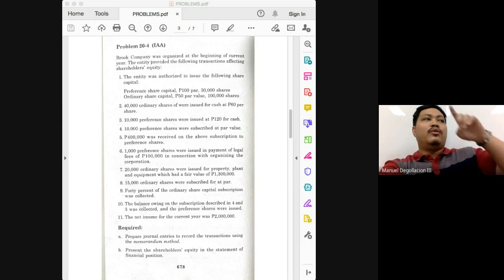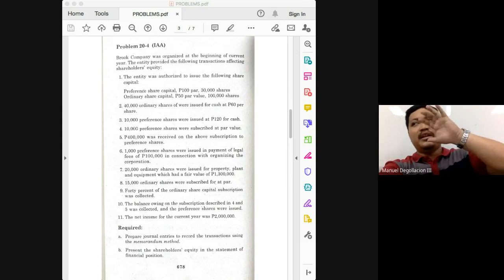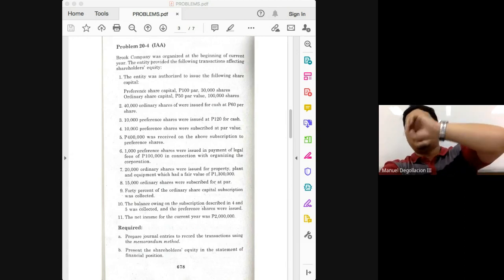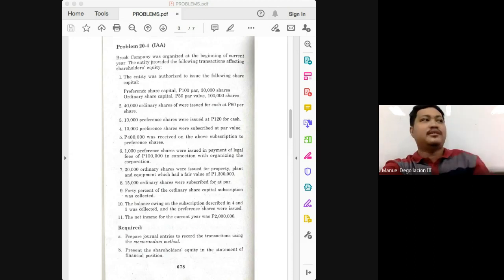Okay. Now, another important rule which many students tend to forget. The account title subscribe share capital, or your subscribe preference shares or subscribe ordinary shares. The rule is the same for your share capital accounts. And what was the rule for share capital accounts? The amount that will enter them will only be the par value. The same applies to your subscribe share capital. So the amount that will enter your subscribe share capital should only be the par value.